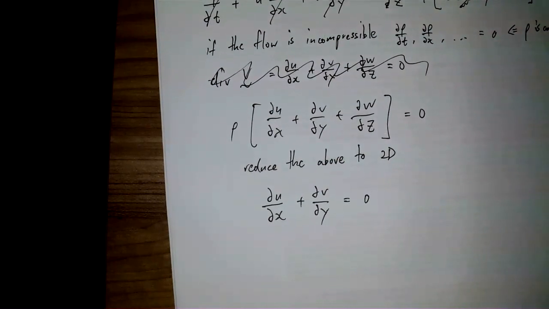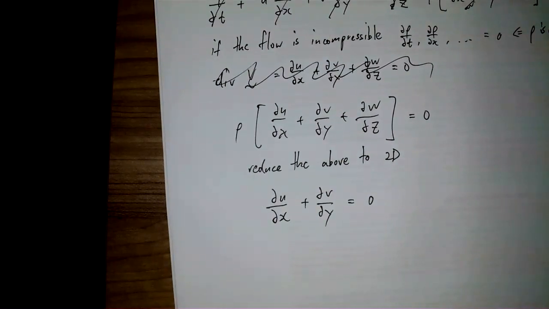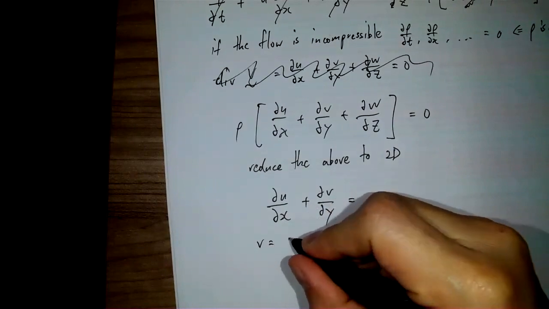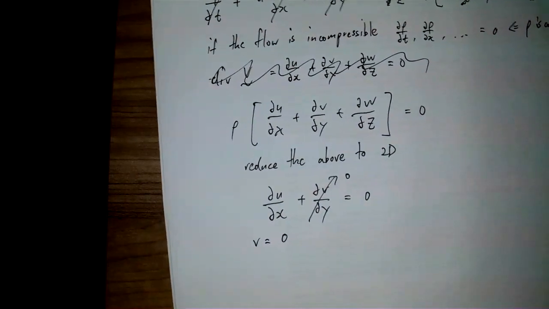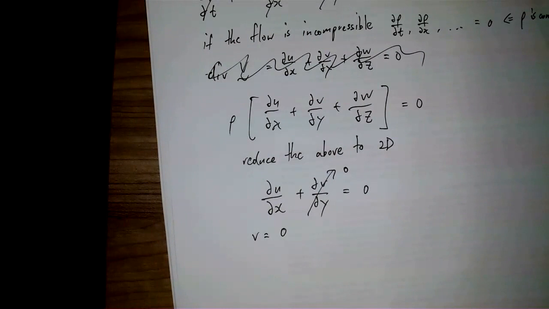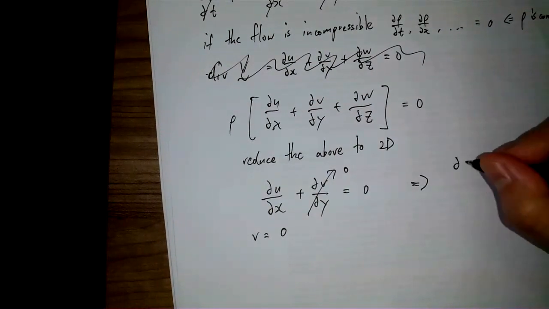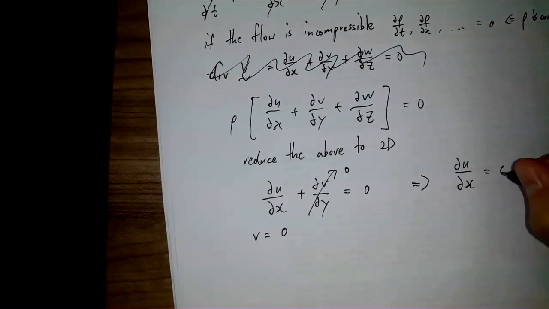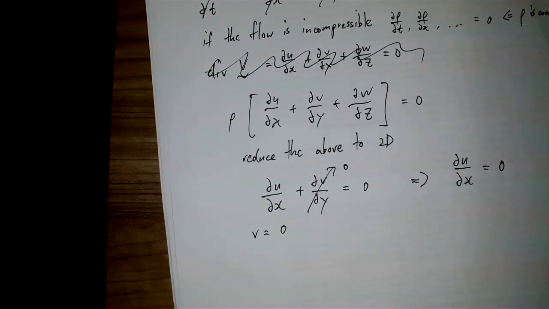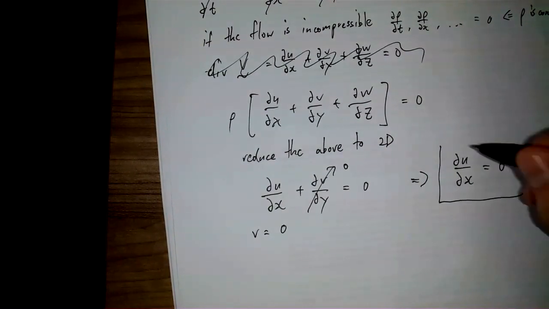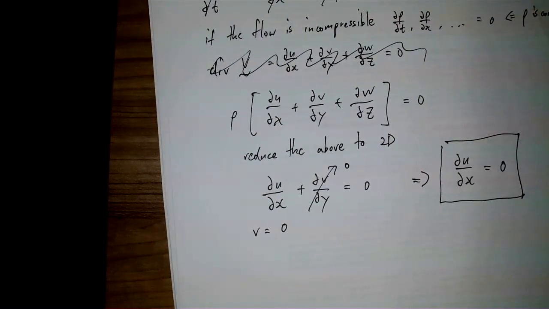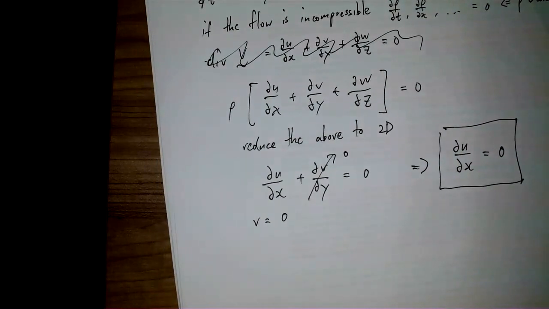Since in this parallel plate problem every velocity is only in the x direction, we have no vertical velocity. That means v equals 0, so this goes to 0. That's how you arrive here. So using the continuity equation in incompressible form, we can come to this.